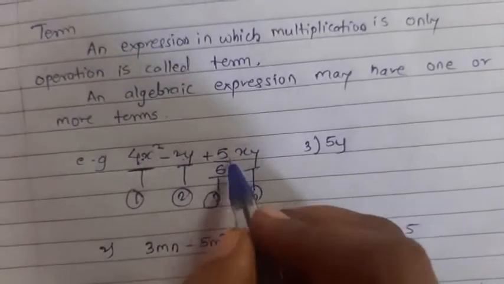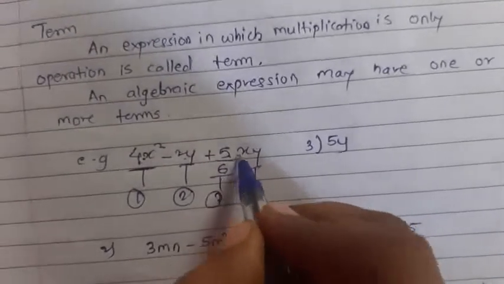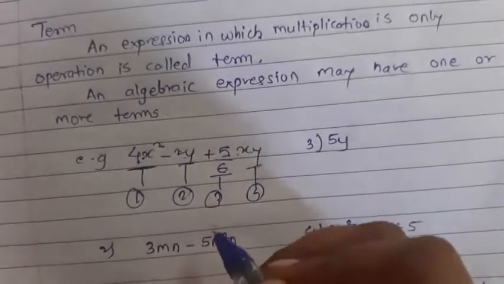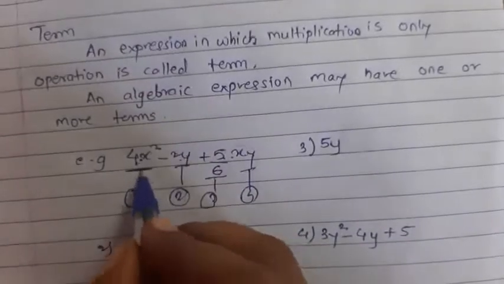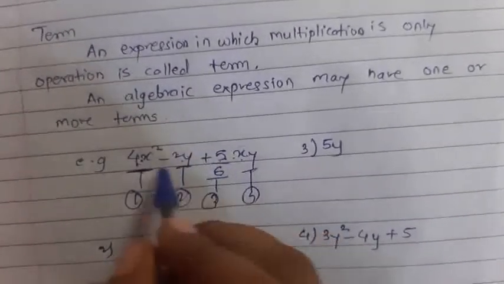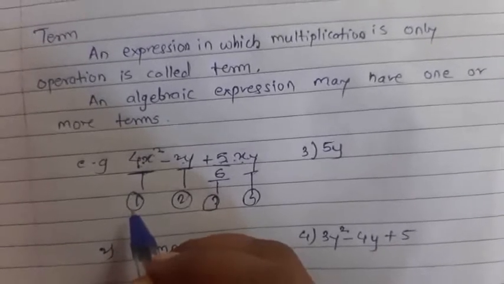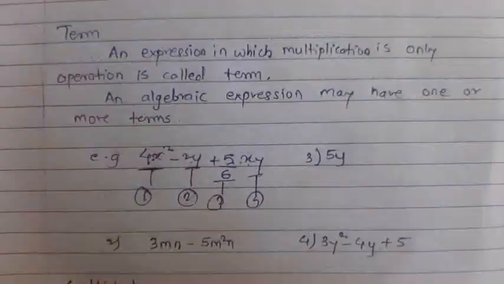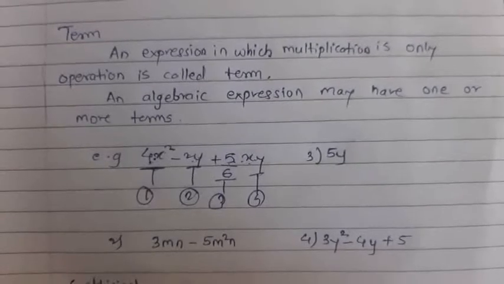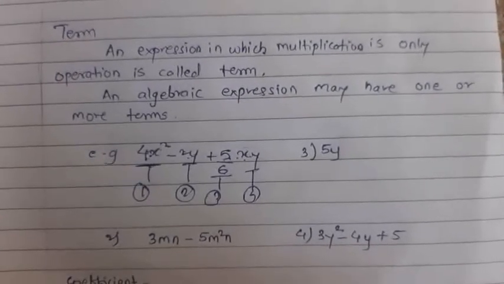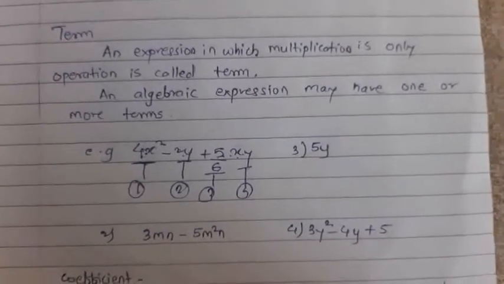Here this means 5 by 6 into x into y. So these are called terms because in between them multiplication operation is there. And algebraic expressions are made up of these one or more terms.